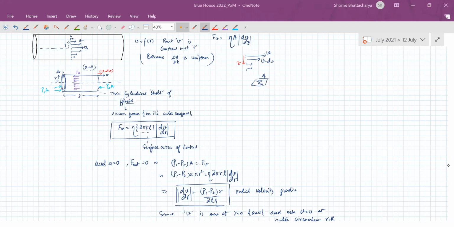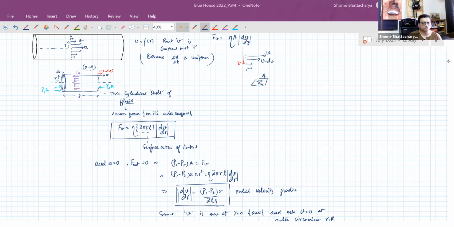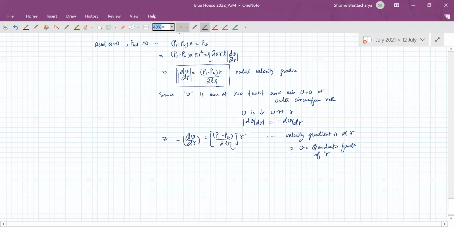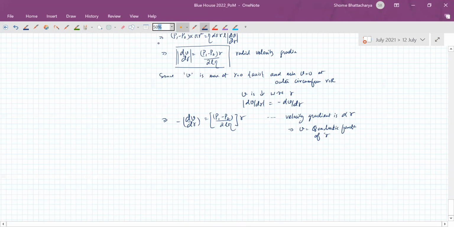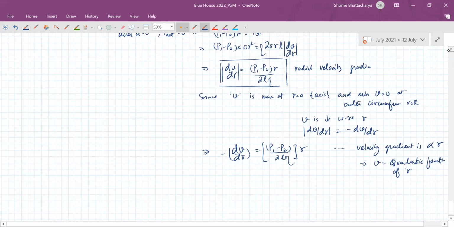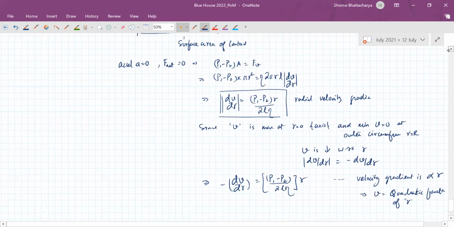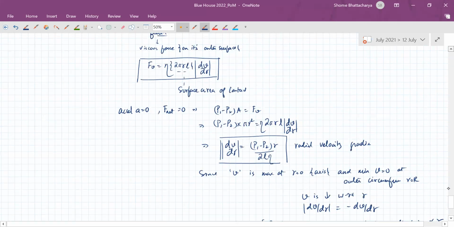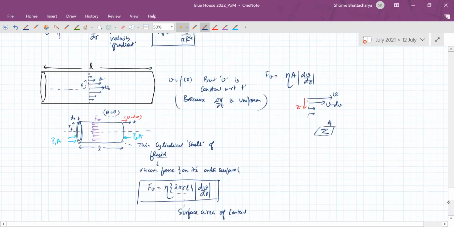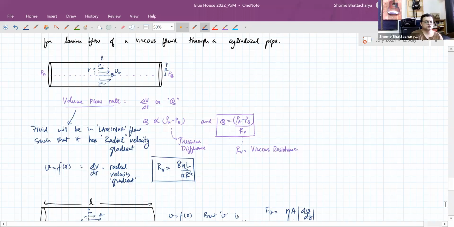Jagannath and Shikhar, you wanted to scroll up to this point or further up? So further up. Okay, just a minute. Starting from here?